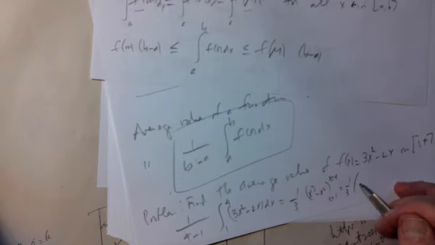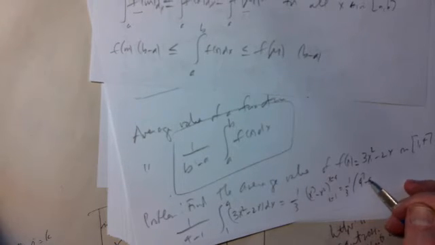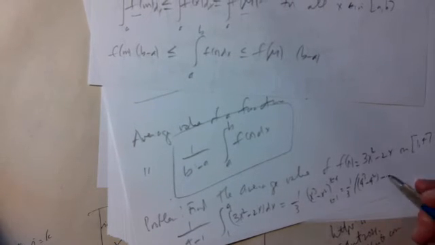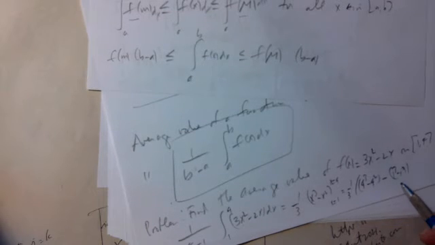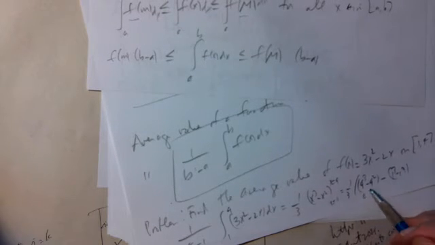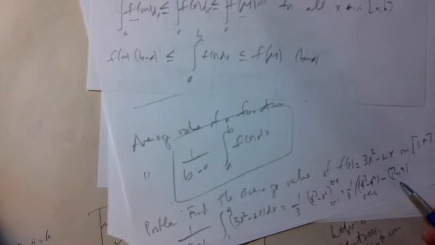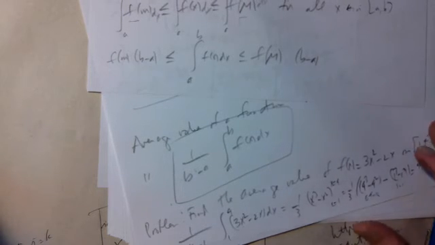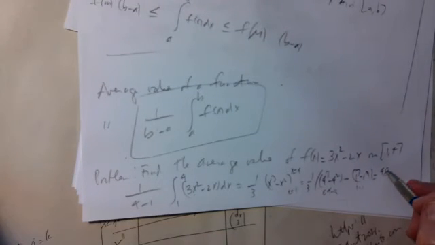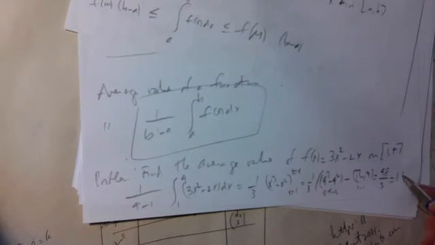So that's 1/3 times (4 cubed minus 4 squared) minus (1 cubed minus 1 squared). This is 64 minus 16. This is 1 minus 1. So we get 48 over 3, or 16.